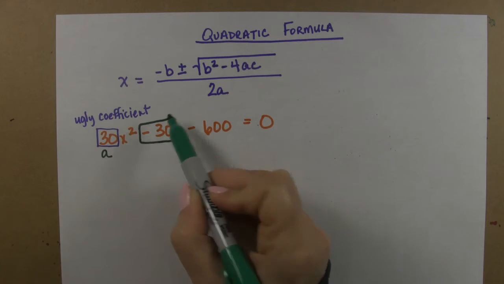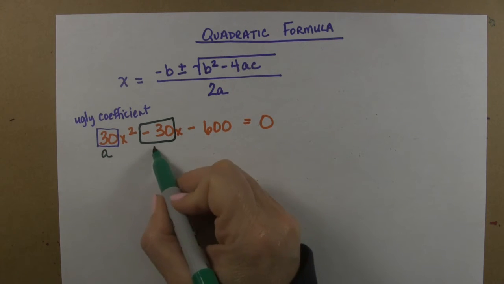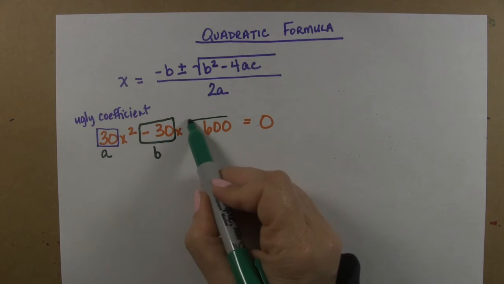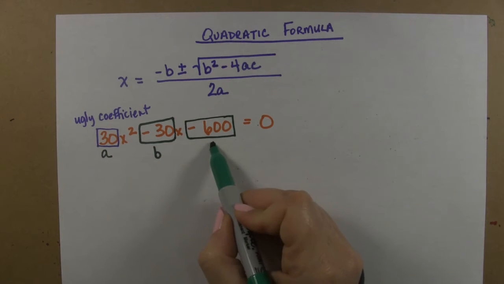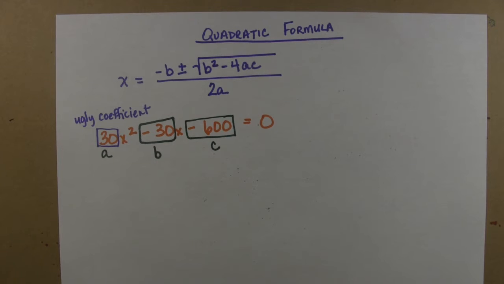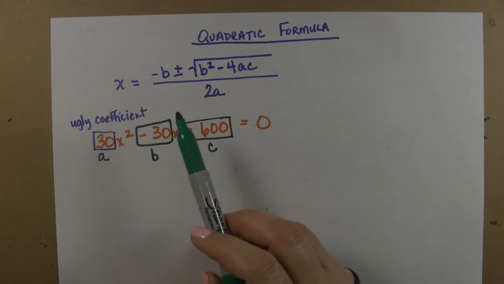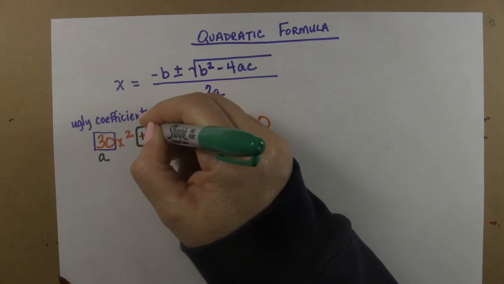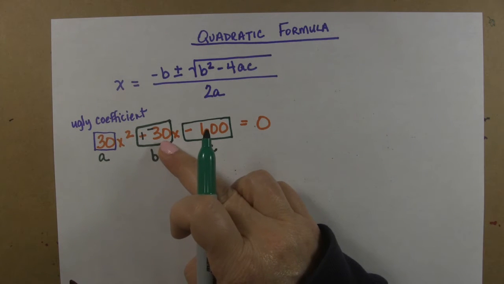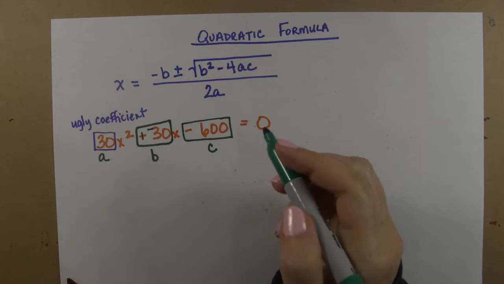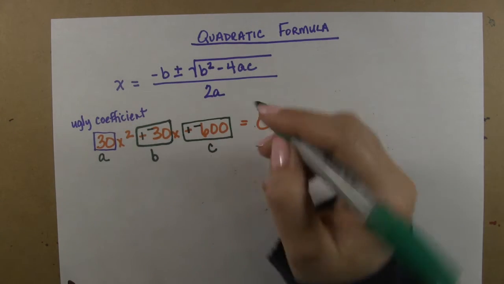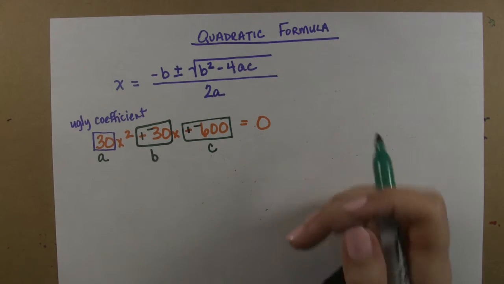This here in front of your second term is your B term, and your third term is your C term. Now, I will say you got to watch your negative signs, right? If it helps you, you can change this to plus a negative, and so then it's clearer that negative 30 is your B, and this could be plus a negative, so it's clear that negative 600 is your C.